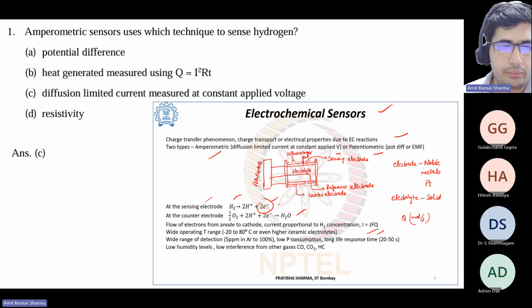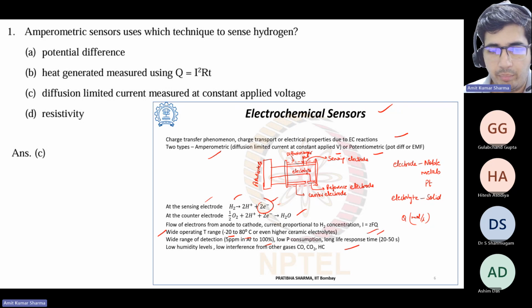and you can measure the concentration of hydrogen. The benefit is that it has a wide operating temperature range, -20 to 80 degrees, or even higher temperature with ceramic electrolytes, and a wide range of detection. You can detect from 5 ppm in argon to 100%. So it's a good detection range.